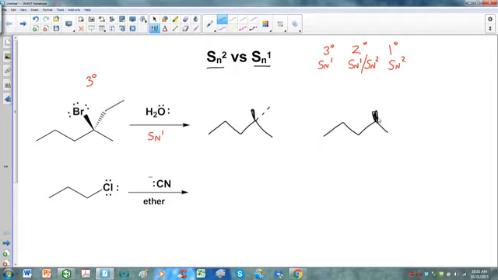If you remember, in the SN1 reaction we have scrambling of stereochemistry, so we get 2 enantiomers formed. One where the nucleophile has added in the same direction that the leaving group was originally in, and then we've got this guy here.